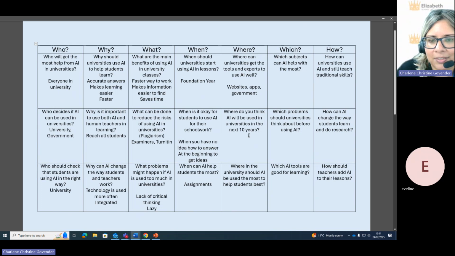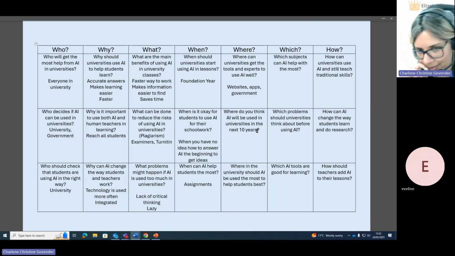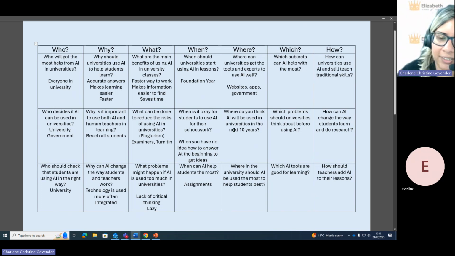Okay, now this is an interesting question. Where do you think AI will be used in university in the next 10 years? So it's currently very limited in the classroom. It is probably used by university staff, and some lecturers also may use it. So where do you think AI will be used in the next 10 years?